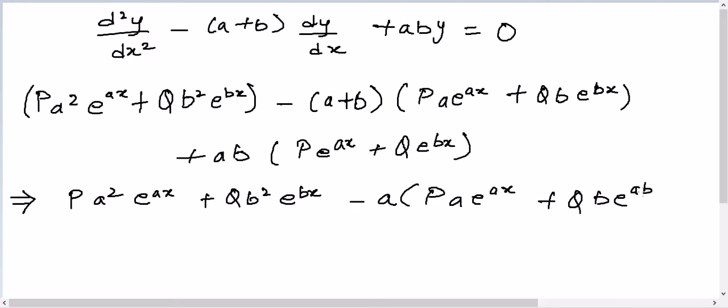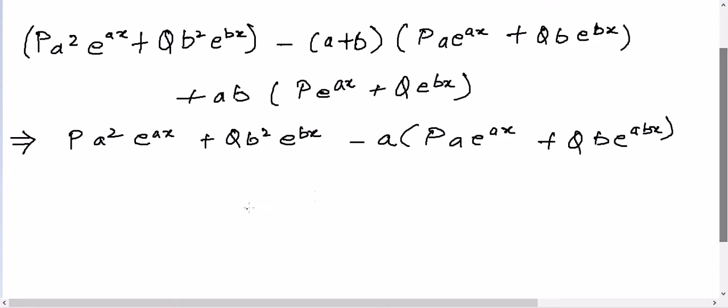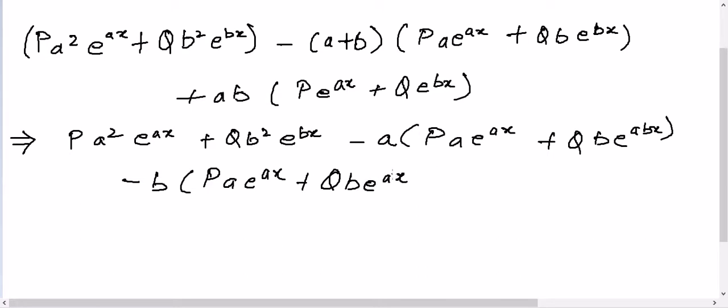First we are selecting a, and then we are selecting b. So it is p a e to the power ax plus q b e to the power bx, plus a b into p e to the power ax plus q e to the power bx.